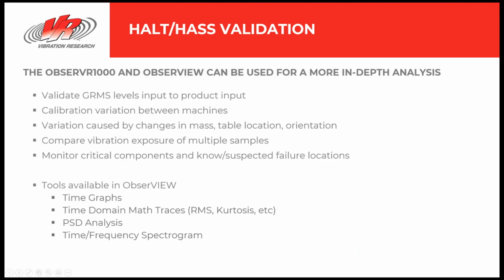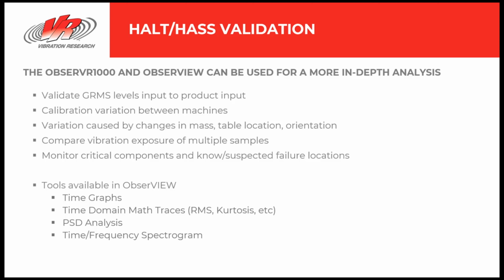Here, we're going to start talking about validation and some of the comparisons that we can do. The basic Observer 1000 PSD analyzer can be used to generate a GRMS plot, so generate a PSD and calculate the RMS levels.